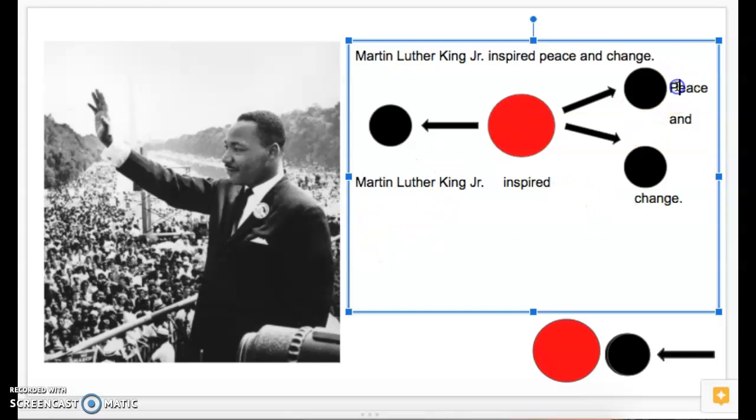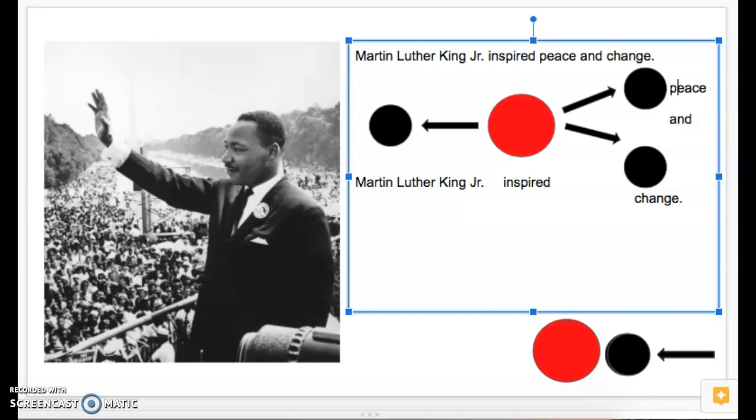Have to correct a few things to make sure again that we have capitals and we have periods in the correct space, as we are working with a sentence. And then we've analyzed this sentence. We broke it up into its three parts. Our action being performed, inspired. Who is it that inspires? Martin Luther King Jr. And Martin Luther King Jr. inspires what? Peace and change.